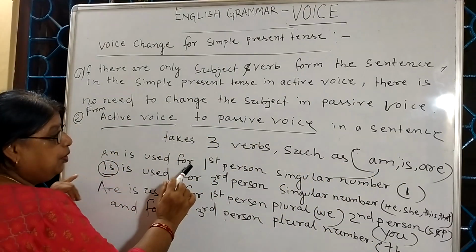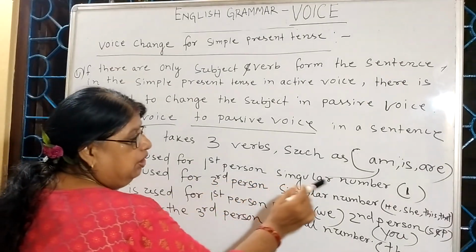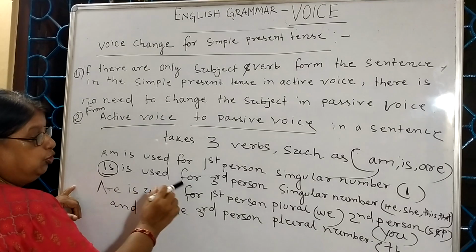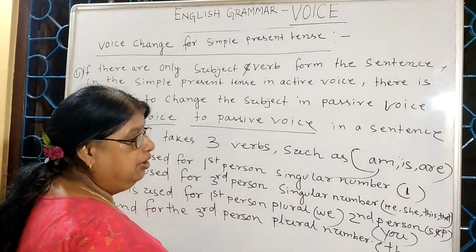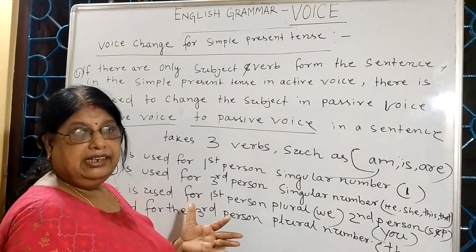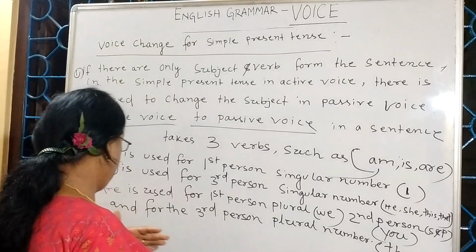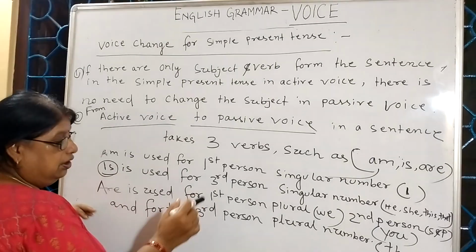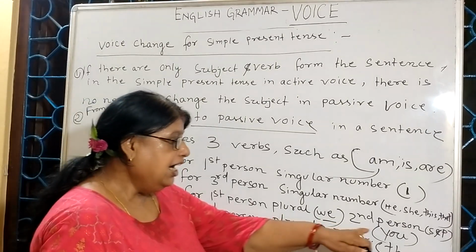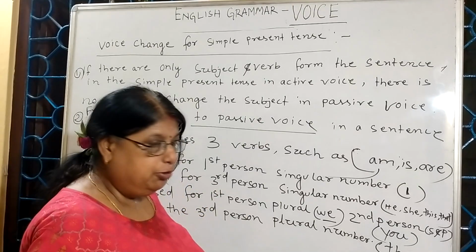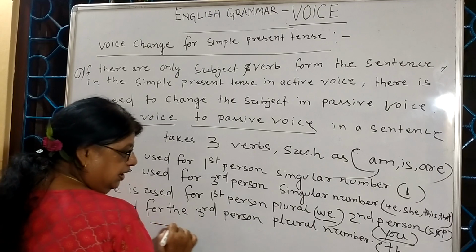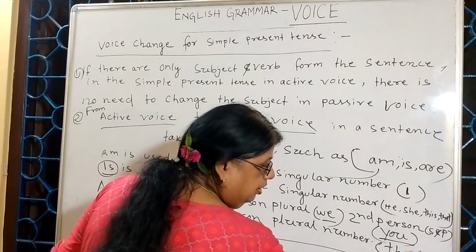Am is used for first person singular number I. Is is used for third person singular number he, she, this, that, etc. Are is used for first person plural number we, second person both singular and plural number you, and for the third person plural number they.